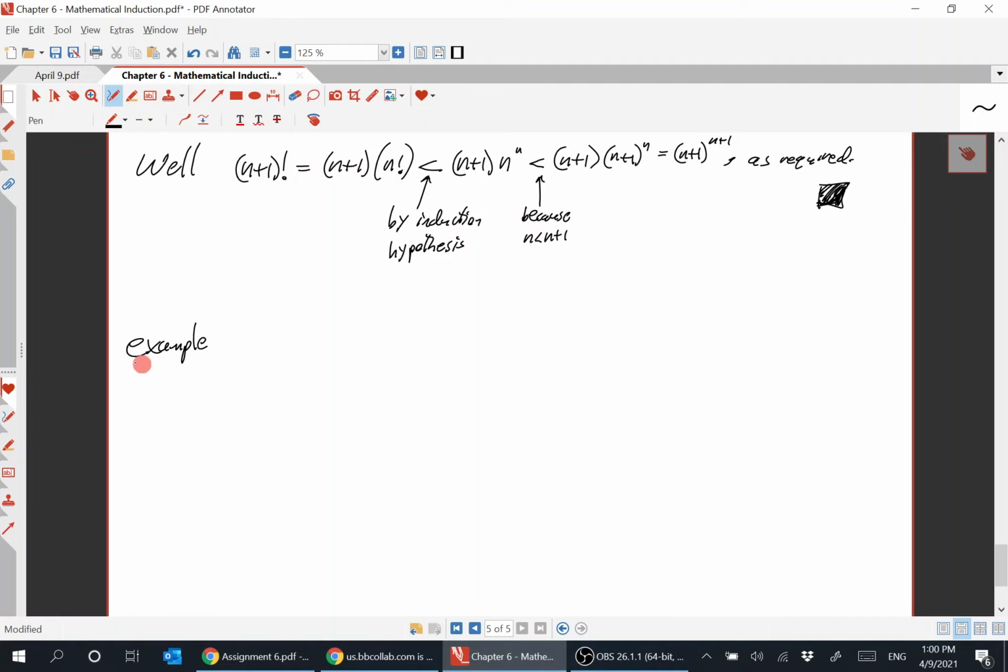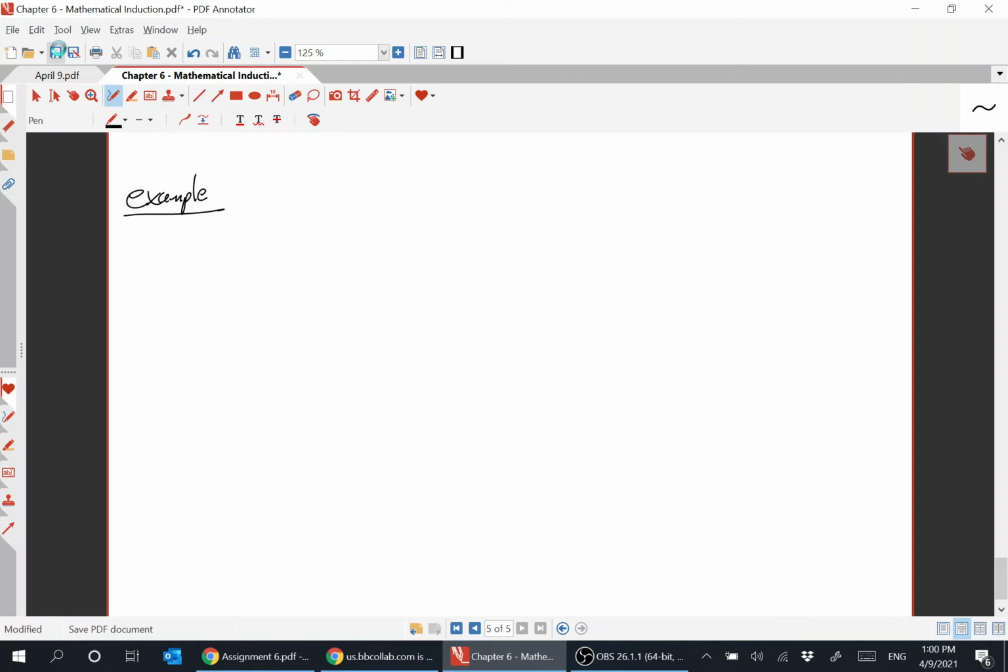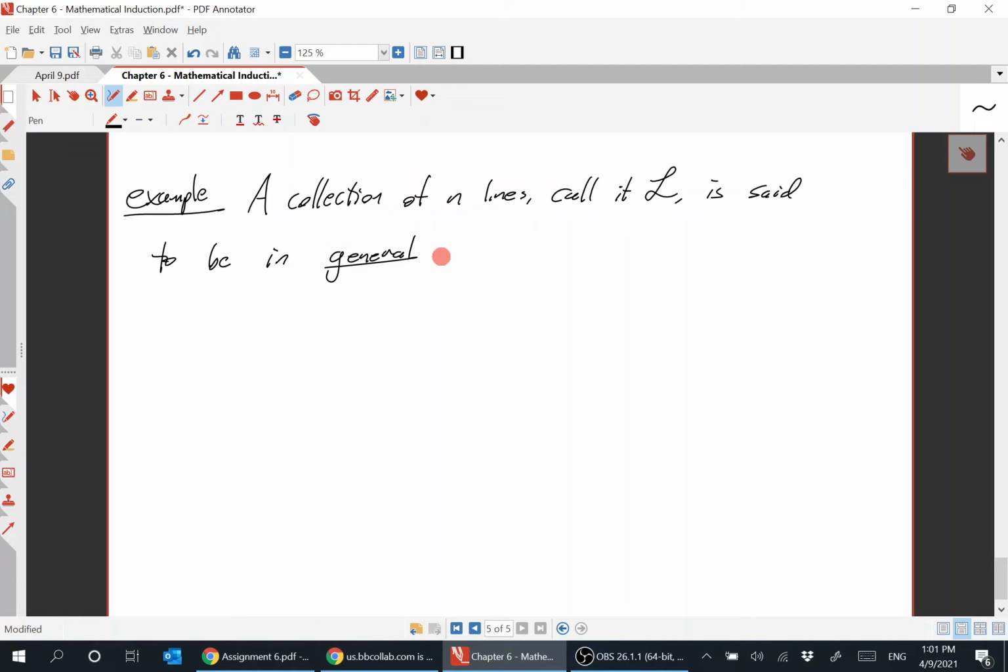So here's one of my favorite examples. It's an example that's very close to my heart. A collection of n lines, call it script L, is said to be in general position when, one, every pair of lines in L intersect.